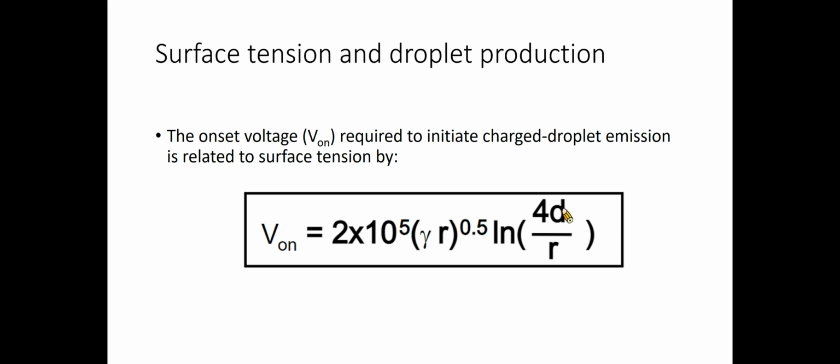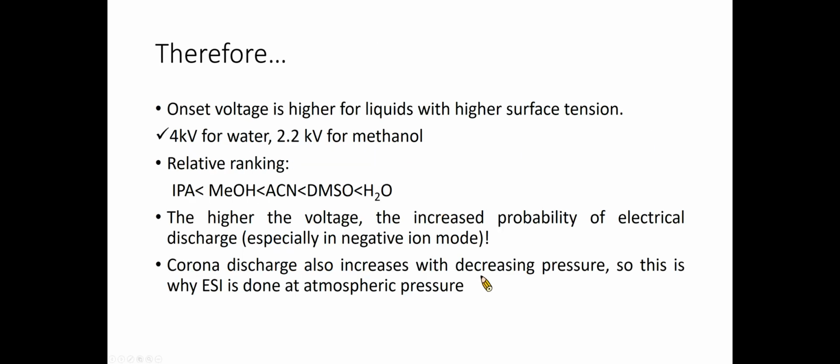The larger the surface tension and the greater the distance, the higher the onset voltage we will need to initiate the charged droplet emission. Therefore, onset voltage is higher for liquids with higher surface tension. For example, water has a higher surface tension and requires about twofold onset voltage compared with methanol.